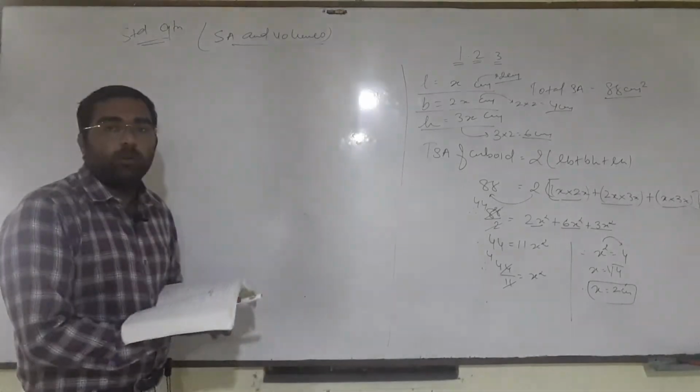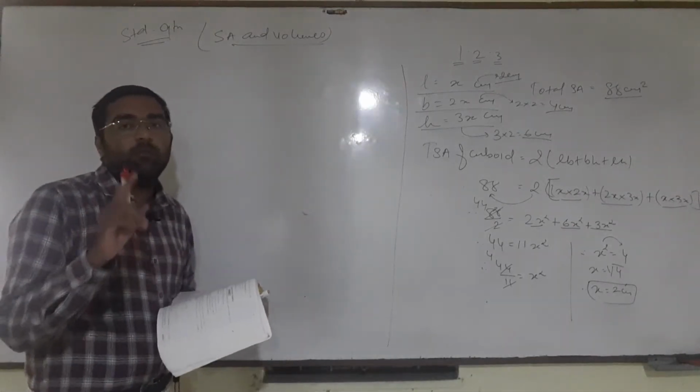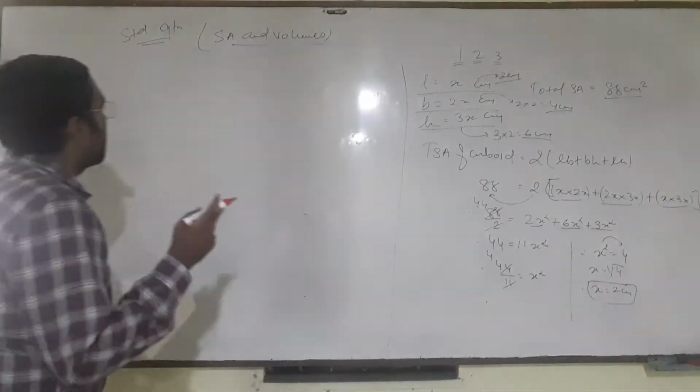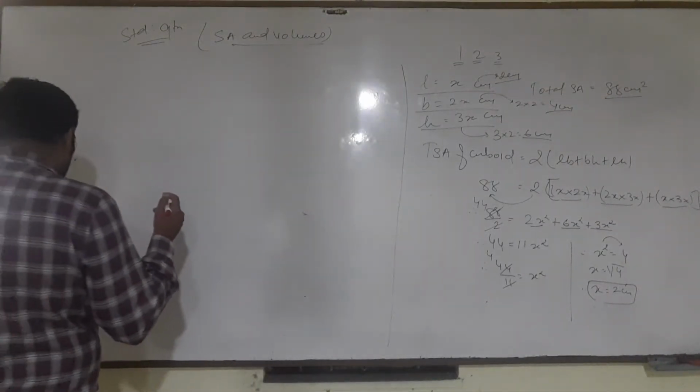So here two shapes are given. The first one is a cube, and the second one is a cuboid.